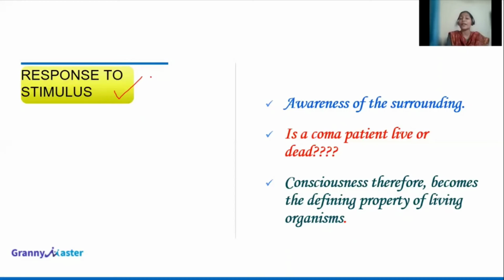So this is a very good characteristic of living organisms. So consciousness therefore becomes the defining property of living organisms. So this is the first one which you can assure as a specific defining property of a living organism.